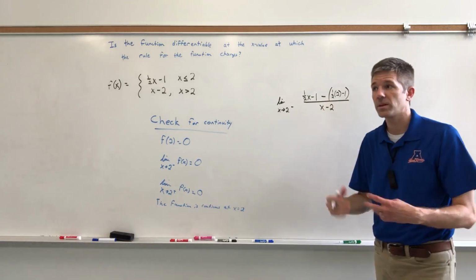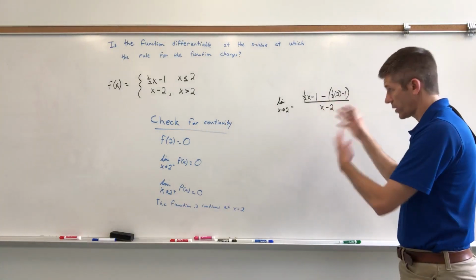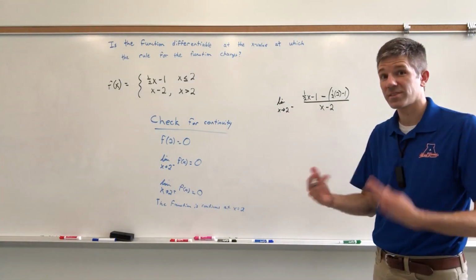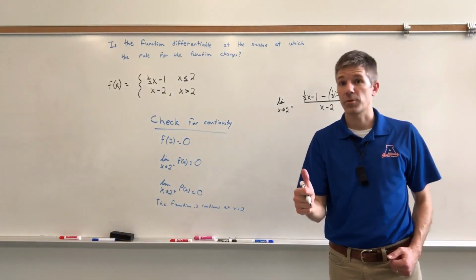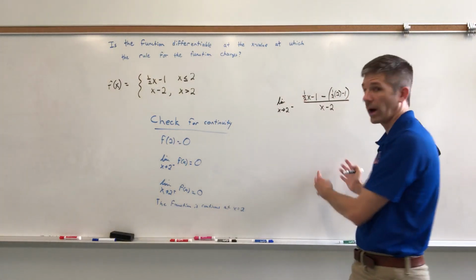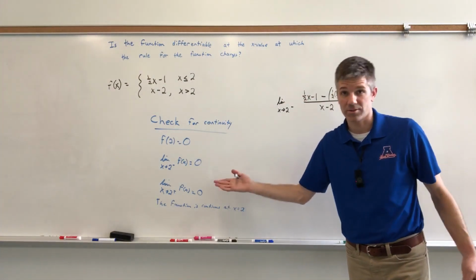This is the formula that we've been using. We'll get this answer, then we'll do the one from the right. And if they're the same answer, we'll say we have differentiability because we have the same slope from the left and from the right, and we had continuity to start with.